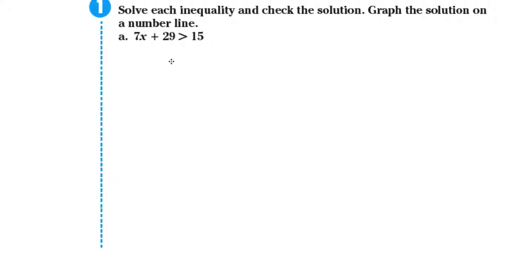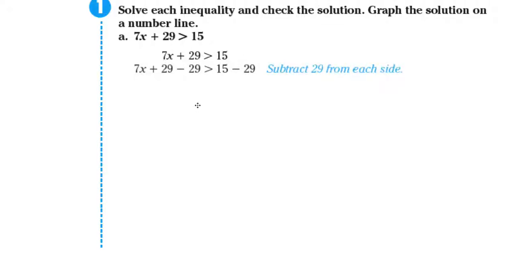In order to undo positive 29, we subtract 29 from both sides of the inequality. Subtracting 29 leaves us with 7x is greater than negative 14. Then we simply divide both sides by 7 because this is multiplication. So we end up with x is greater than negative 2.